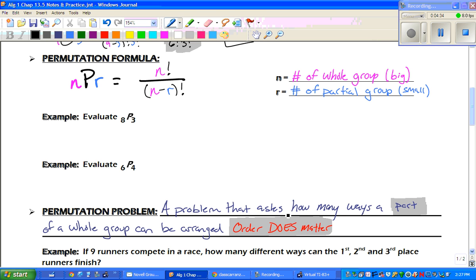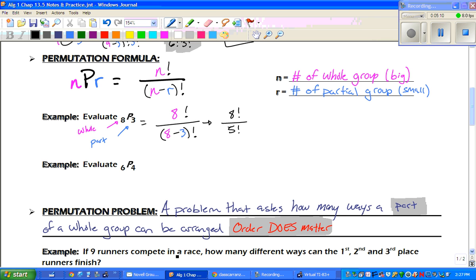Okay, so let's look at our example. Once again, that's our whole, and this is our part. So when we're putting this into the formula, 8 is on top, and then you're doing 8 minus 3. Some of you guys might be able to skip right to that step, and that's fine.